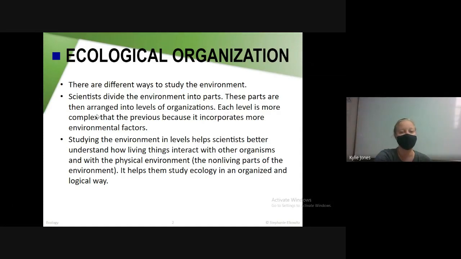Each level is more complex than the previous one because it incorporates more environmental factors. Studying the environment in levels helps scientists better understand how living things interact with other organisms and with the physical environment, the non-living parts of the environment. It helps them study ecology in an organized and logical way.